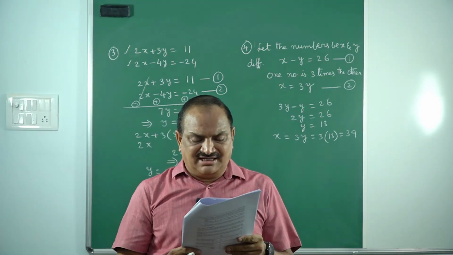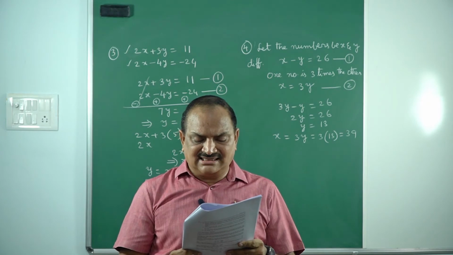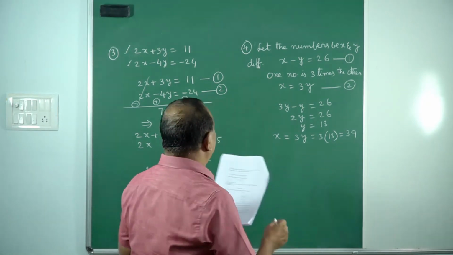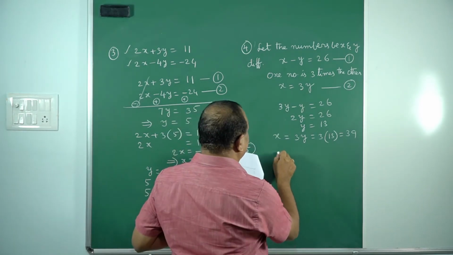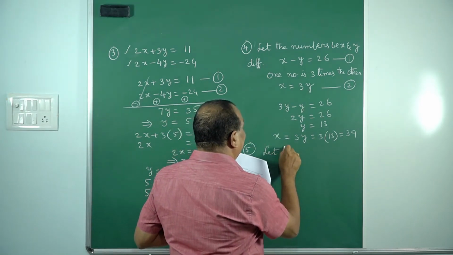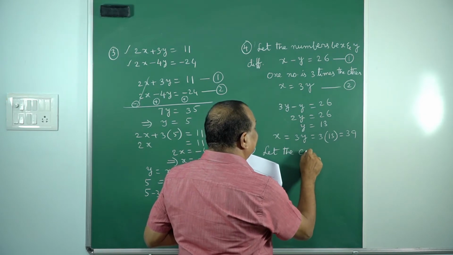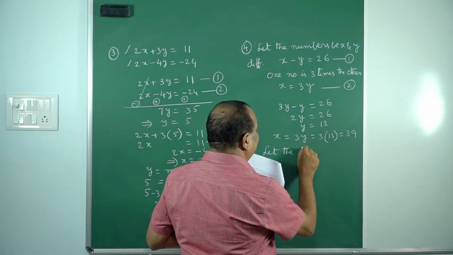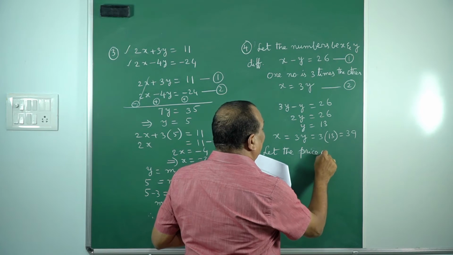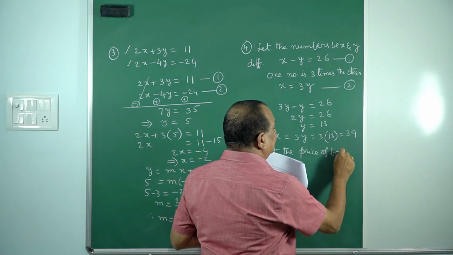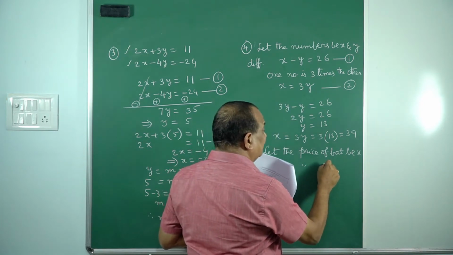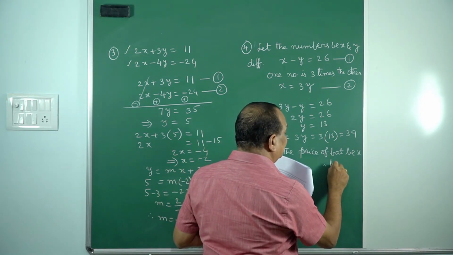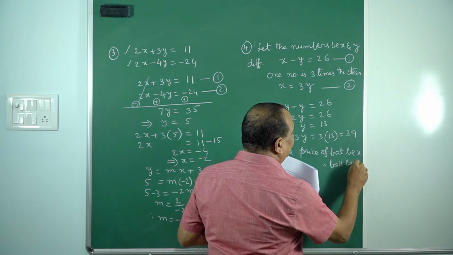The coach of a cricket team buys 7 bats and 6 balls for 3,800. I straight away write like this. How many bats? 7 bats. Let the price of bat be x and the price of the ball be y.